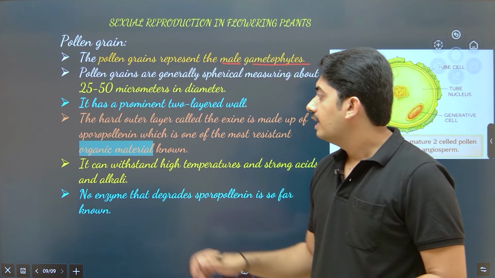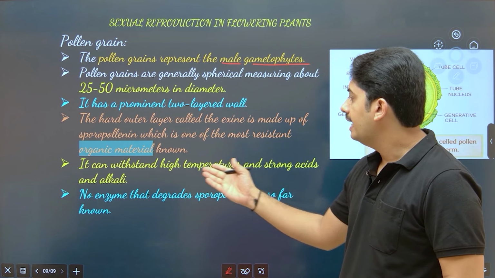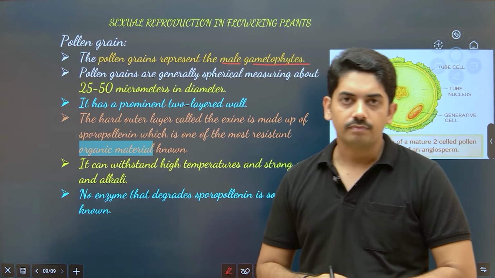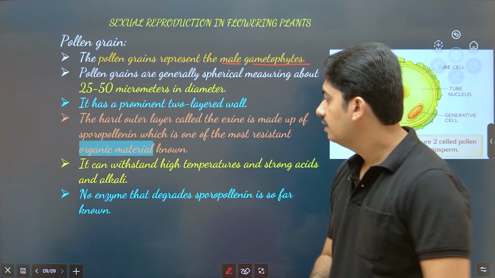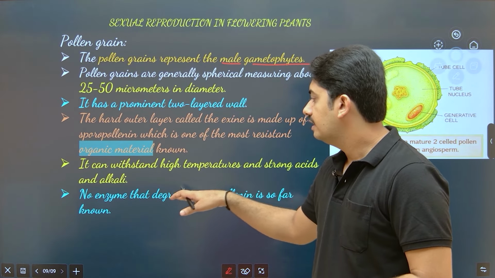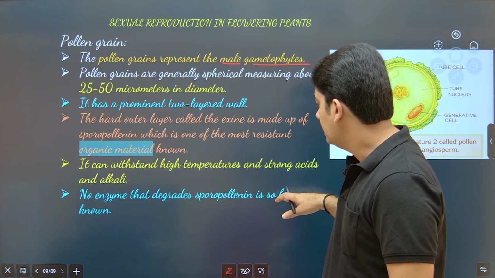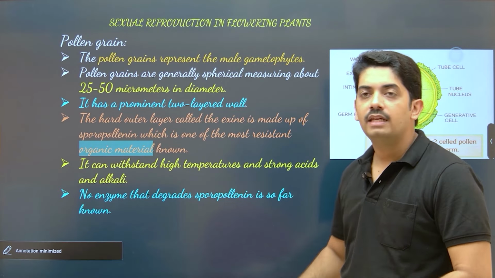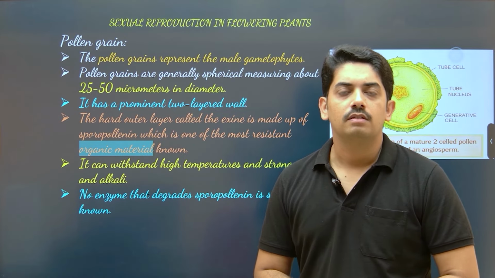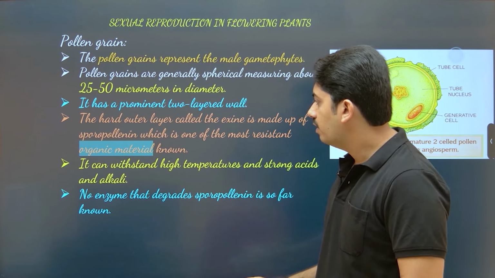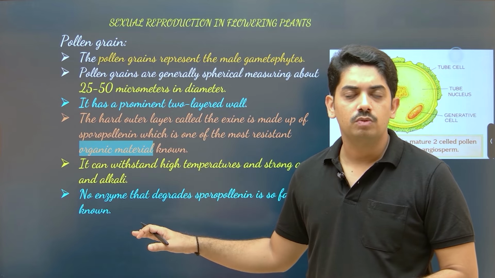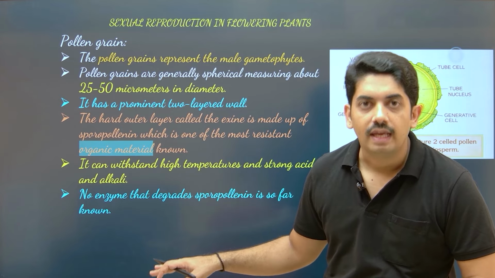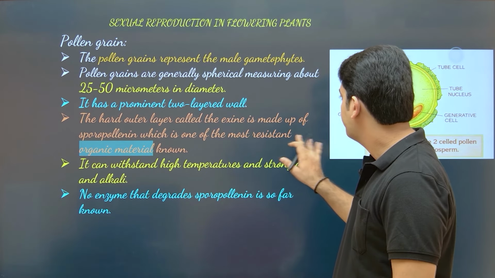Organic material, and it can withstand high temperature and strong acids and alkali. Because of that, no enzyme that degrades sporopollenin is so far known. That means till now nobody has discovered the type of enzyme which has the capability to degrade the sporopollenin, which is present on the exine wall of the pollen grain.